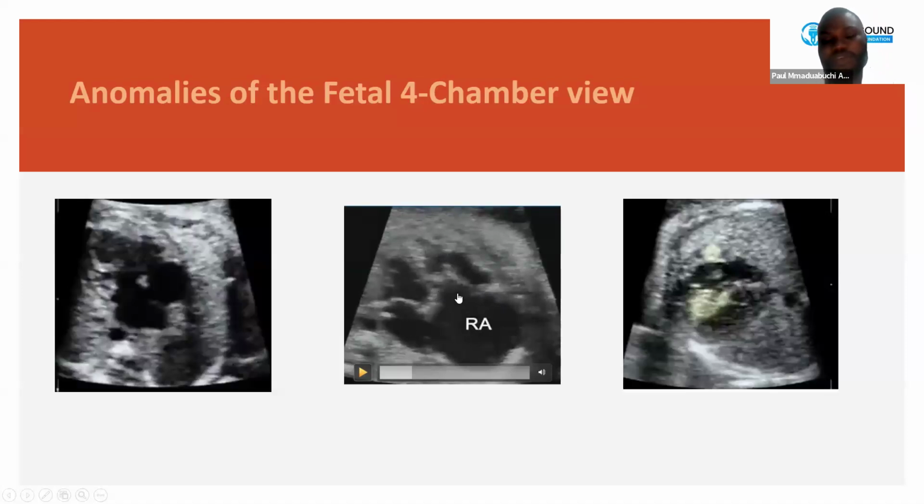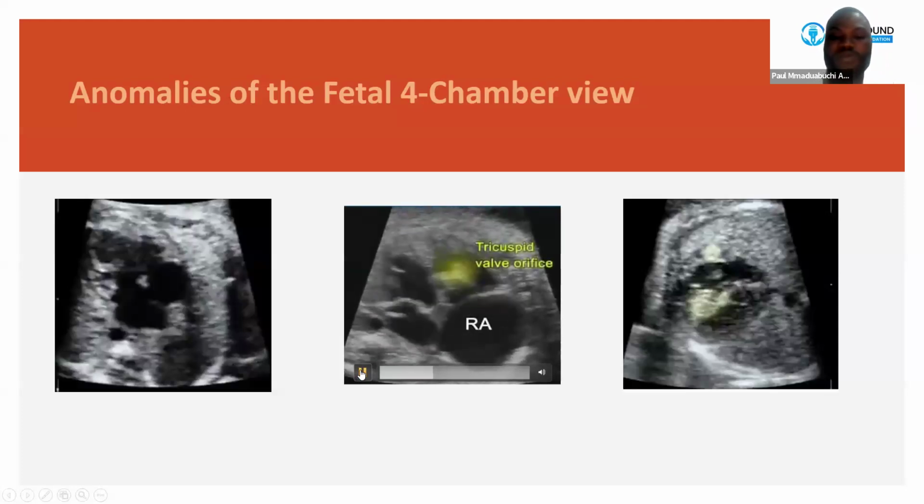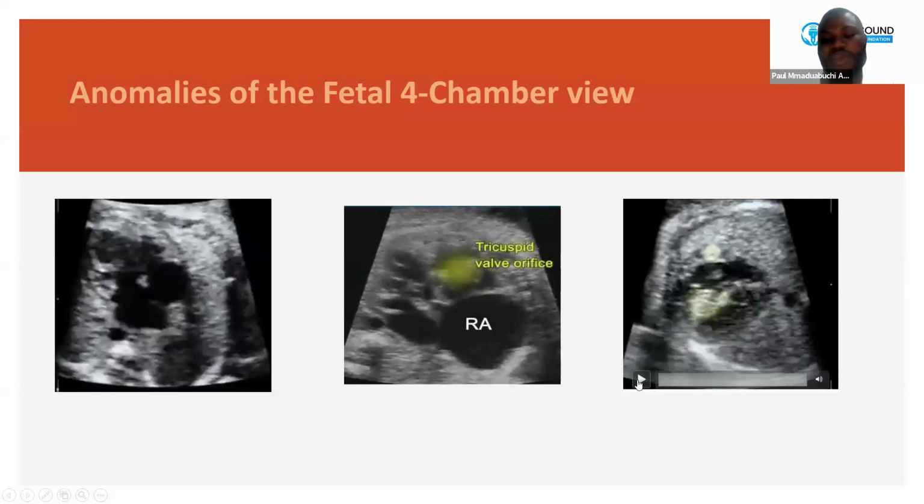And this can lead to tricuspid regurgitation, when assessed with your Doppler. So you have the tricuspid valve orifice placed almost to the apex of the right ventricle. And in this case, you see your right atrium being large, this can also lead to cardiomegaly.